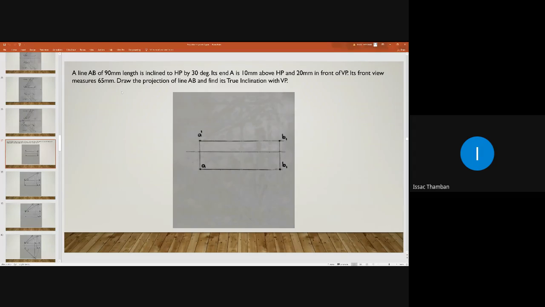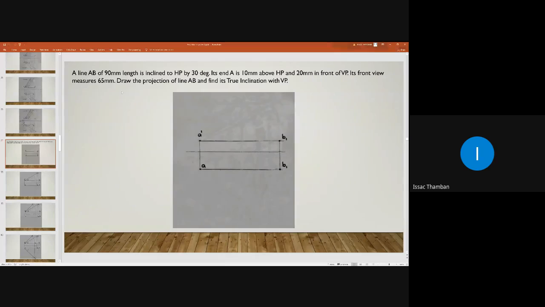In the elevation, the length of line A dash B dash is 65 mm. That is the given parameter. You have to draw the projection and find the true inclination of line AB with respect to VP.